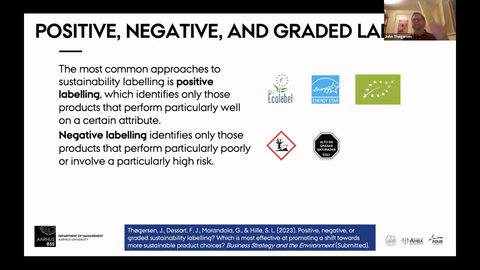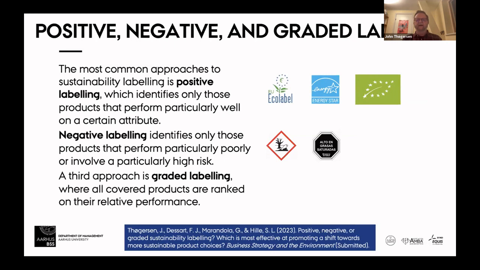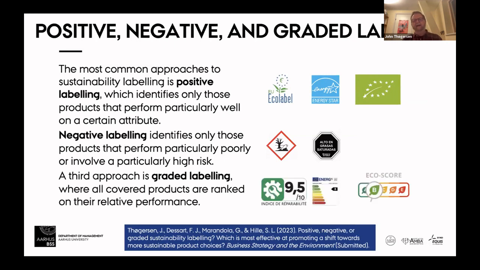These are actually kind of in the food area, the alternatives that you should compare a traffic light labeling to. A traffic light labeling would be an example of a graded labeling, where you label all products in a specific category, such as the European energy label.